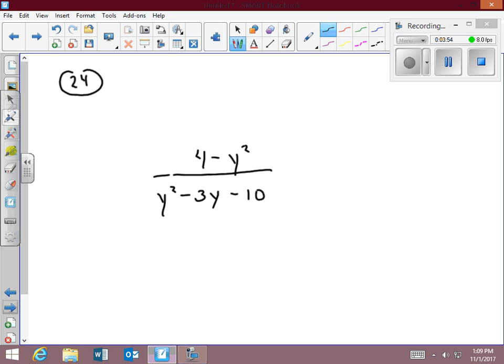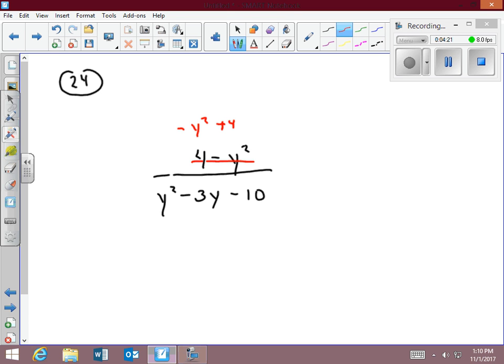Now that numerator, before you factor it, what you want to do is get it in descending order with the leading term positive. So what's going to have to happen? If you went descending order, I'll put an extra step in. If you go descending order, it's a negative y squared plus 4. But now you want that leading term to be positive, so what do you have to do with that?